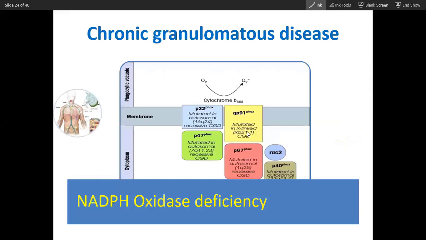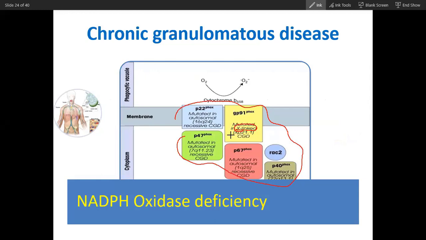Now let's see this. This is NADPH oxidase. NADPH oxidase is not one protein. It is a group of proteins.